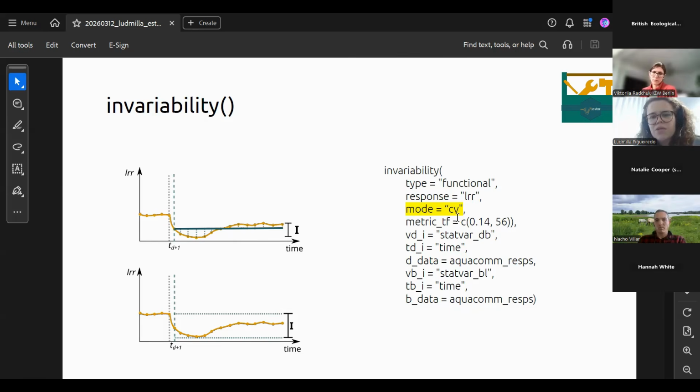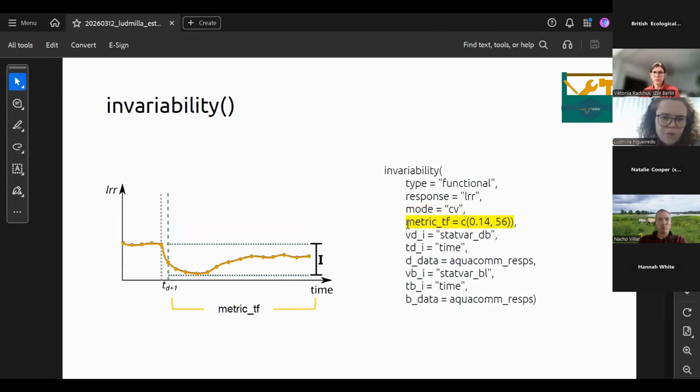In our case, we use CV because this will measure invariability as the coefficient of variation. And finally, as I said, you choose the time frame for when you want to measure your metric. And here, all these other arguments are the data that we include in the package, where you give the names of the data frames and the variables inside them.